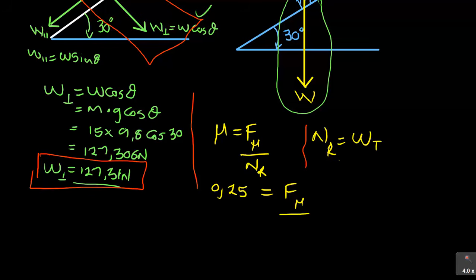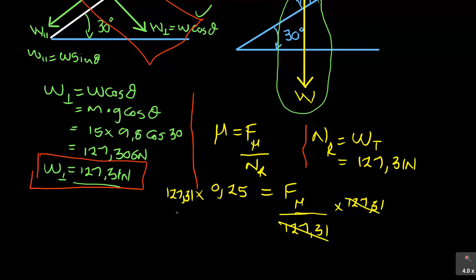So NR in this case is equal to 127.31 newtons. Remember that? So we'll have NR over 127.31. That is what I meant when I say now you can solve, multiply by 127.31 and also multiply by 127.31. That is how you can get rid of that fraction.